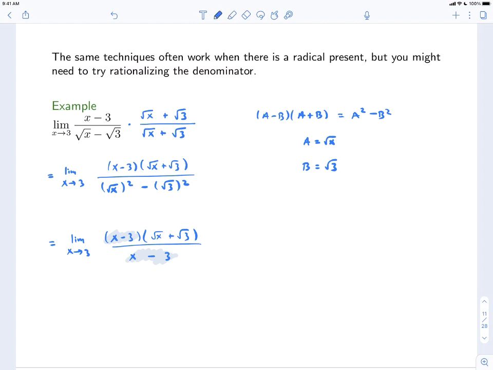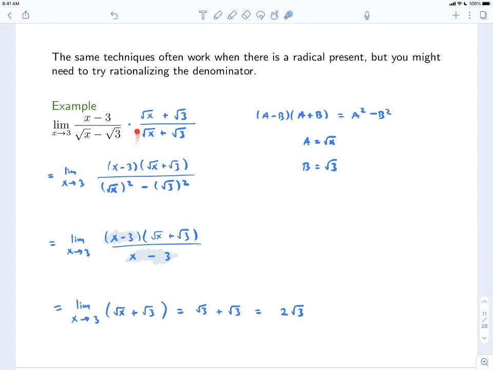So those will cancel, and you'll just be left with the limit as x approaches 3 of radical x plus radical 3. And now we just plug in x equals 3. We'll have the square root of 3 plus the square root of 3 is equal to 2 square roots of 3. And that's your answer.